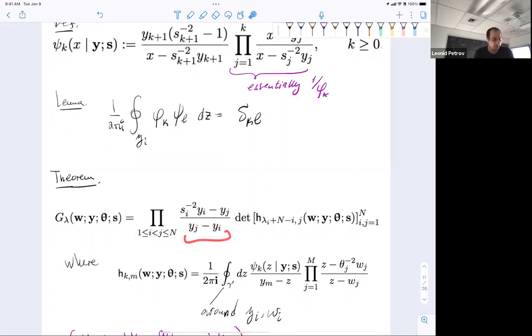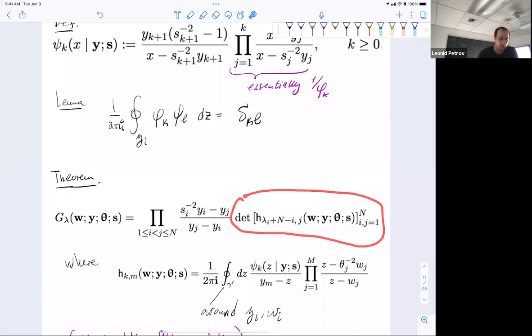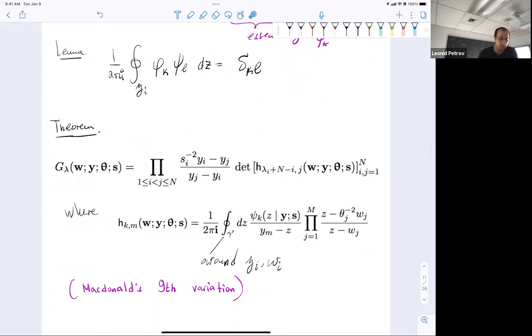In the variables, I think I treat w and theta as variables, and y's are lattice things. So it's not a Vandermonde in the variables, but rather a constant, which is explicit and can be ignored. The main part is the Jacobi-Trudi type determinant, where these are lambda i plus n minus i, comma j, and h functions are contour integrals.